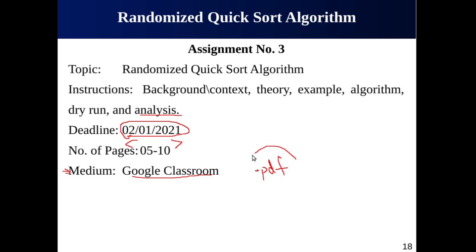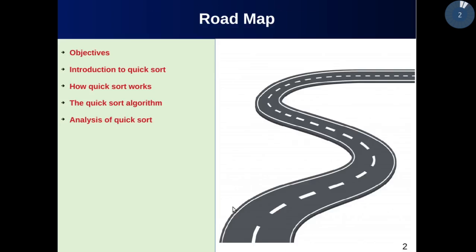So to keep things tight, you can write your assignment in MS Word and then convert it into PDF, and after conversion you can send the PDF, the final version of the assignment, to me.